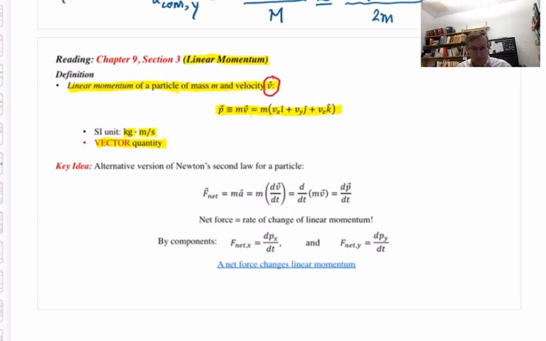Now, why introduce some? Don't we have enough quantities? Why introduce yet another? Turns out linear momentum is more fundamental than, say, acceleration. And in fact, Newton's second law, as we have been using it now for quite a few weeks, that's not the way Newton actually wrote it. And I'm not talking about the fact that he actually originally wrote his book in Latin.